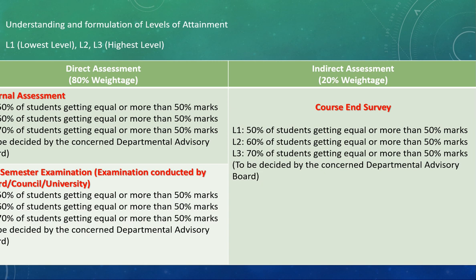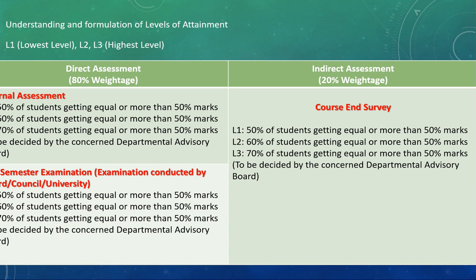So levels are to be formulated by the departmental people or the departmental advisory board. NBA has prescribed some guidelines, but did not emphasize any particular rule. So the program people or the concerned departmental advisory board can formulate their own levels after studying the previous years' marks and analyzing the students' performance as per their own perspective and perception.